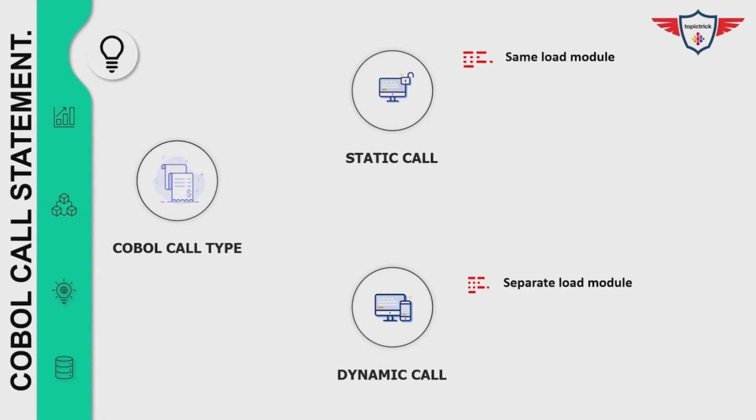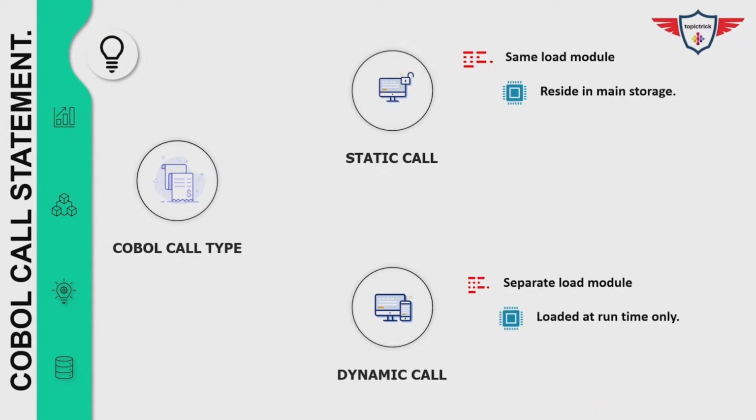In dynamic calls, the COBOL subprogram is not link edited with the main program. Instead, it is link edited into a separate load module, and it is loaded at runtime only when it is required. But in static calls, the load module is already present in main storage, and the branch to the subprogram is performed.